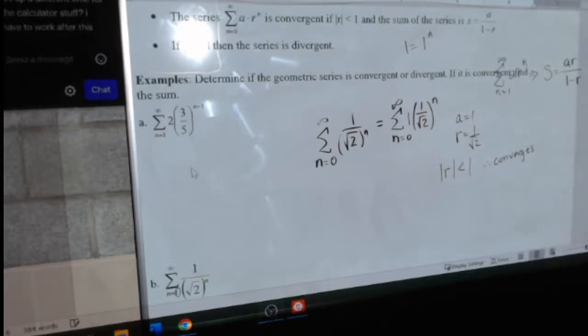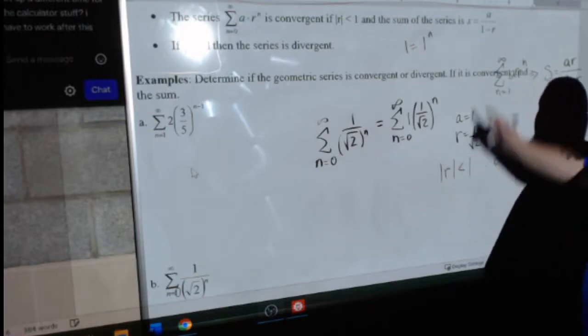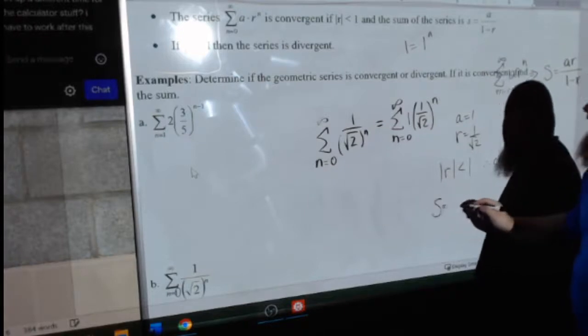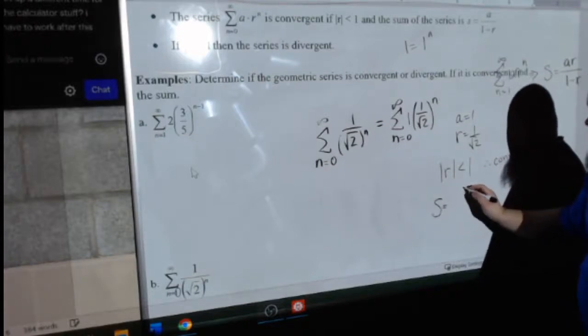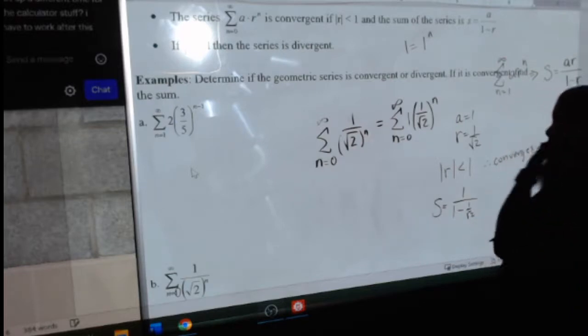And if it converges, we can find its sum. I started at 0 here, which means I can use that formula for my sum. So the sum is 1 over 1 minus 1 over root 2.